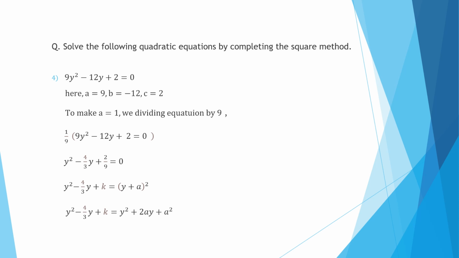So the answer is minus 4 by 3y. Then we divide 2 by 9, so plus 2 by 9 is equal to 0. So the equation is y square minus 4 by 3y plus 2 by 9 is equal to 0.